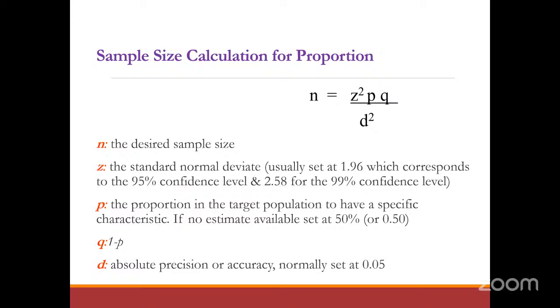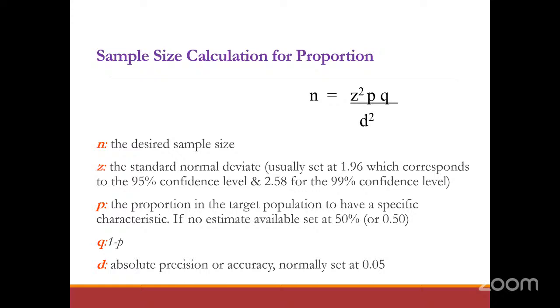This is the sample size calculation formula for proportion. Proportion means, suppose we are trying to study stunting in children, hypertension groups, dementia patients, anemic patients, or tuberculosis problems.